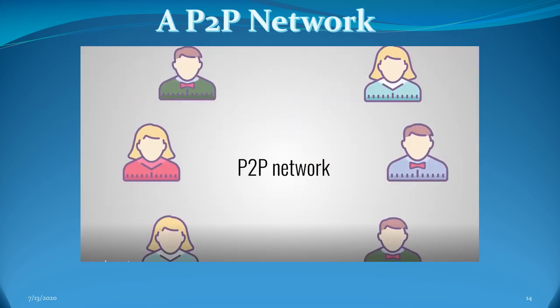The term peer-to-peer, that is P2P, has different meanings and different perspectives. From a computer science point of view, a peer-to-peer network consists of a group of devices that collectively store and share files. Each participant, which is called a node, acts as an individual peer. Typically, all nodes have equal power and perform the same task.